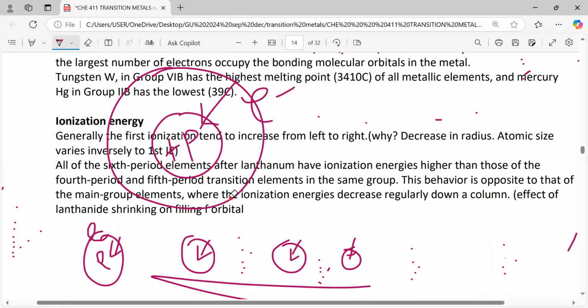And that's why generally, as you get a smaller atom, you get a stronger pull and therefore higher ionization energy, because ionization energy is a reflection of how strongly your electron is pulled. Strongly pulled, higher ionization energy, and vice versa.